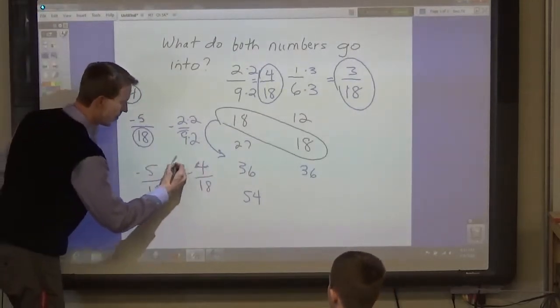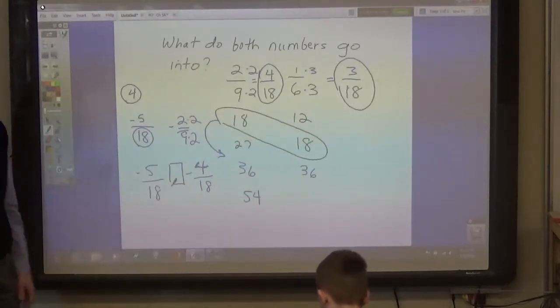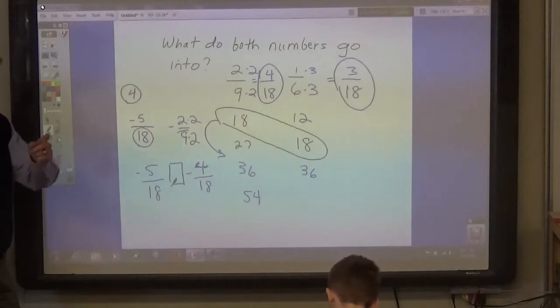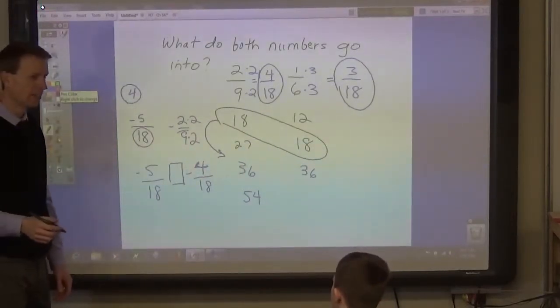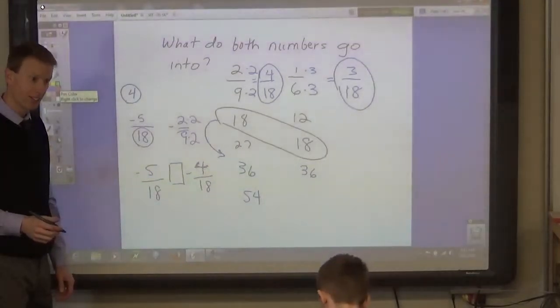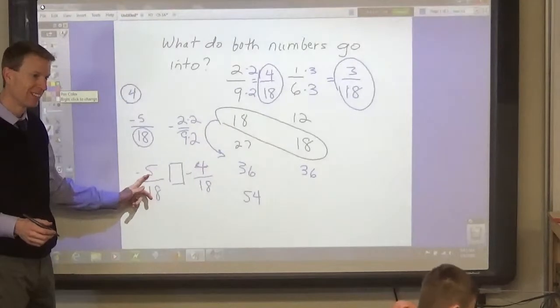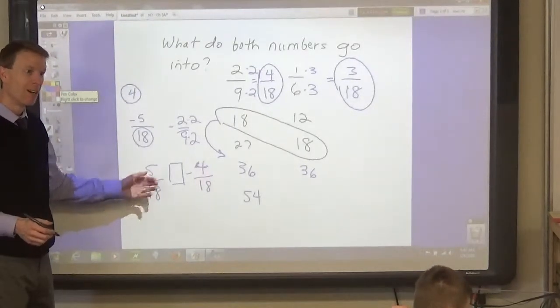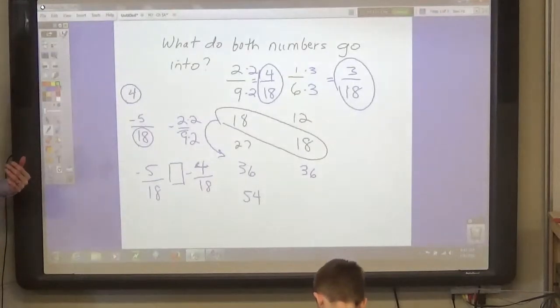Now you have to put a symbol between them to show which one is greater or less. Caleb: negative 4/18 is greater. But negative 5 is bigger, isn't it? Negative 5 is more negative, which means it's further to the left on a number line.